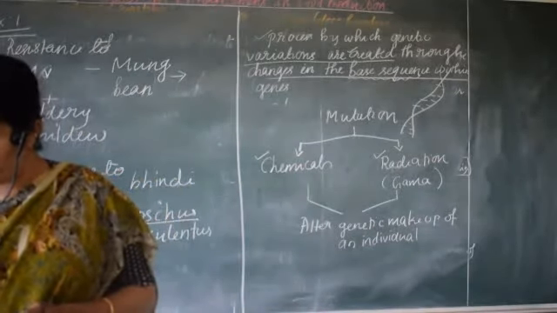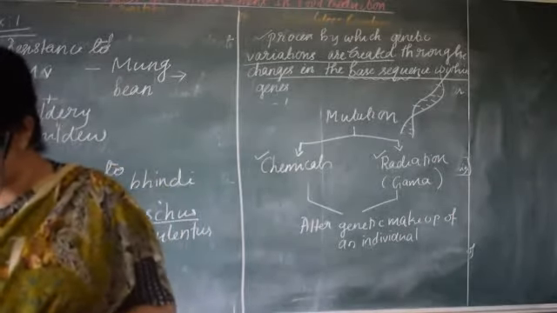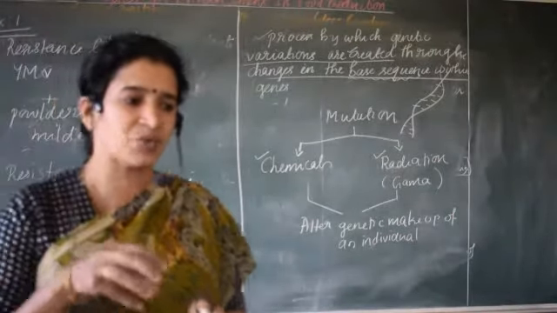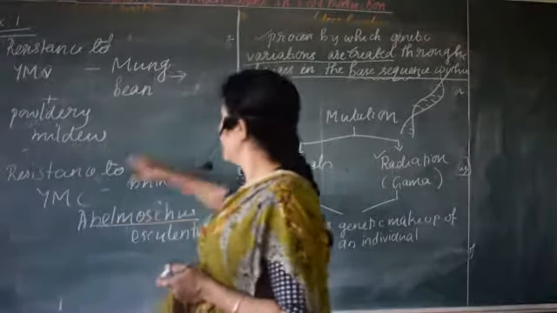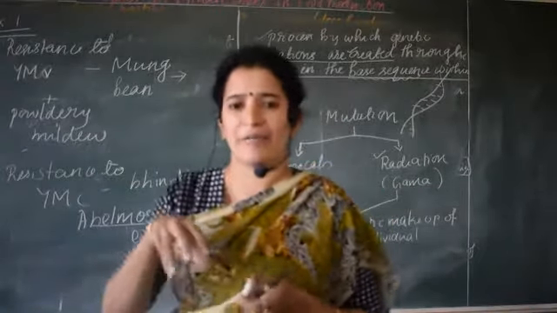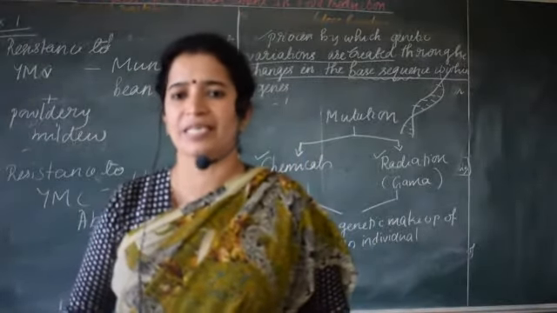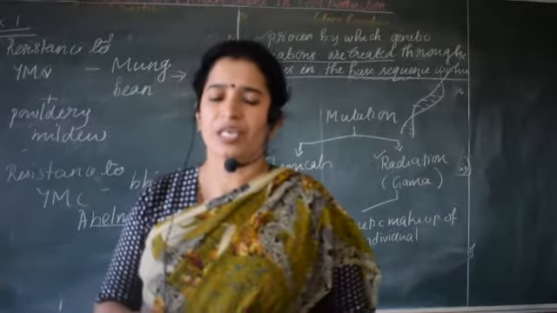But this transfer of these resistant genes is achieved. How have we achieved, for example in mung bean or in bhindi, successfully introducing these resistant genes into the cultivated species?